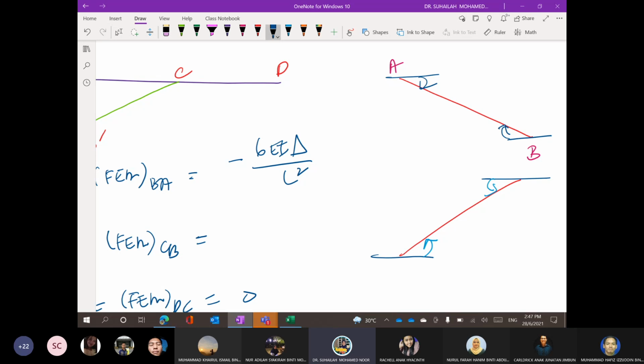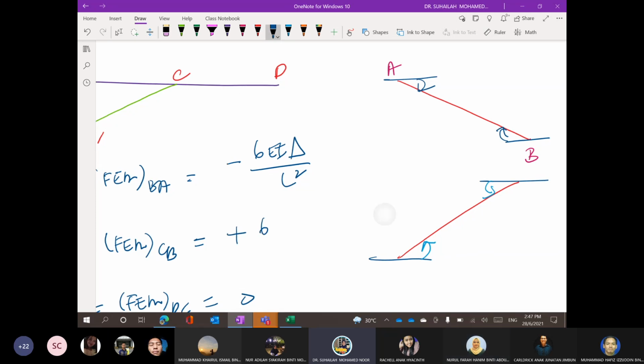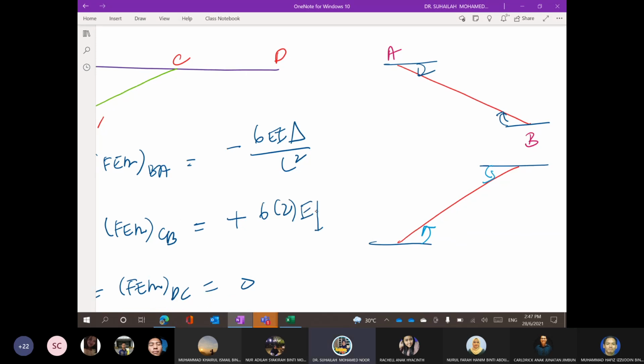When angle is negative, FEM is positive. So put positive here. 6 times 2 EI delta over L. This is BC, or CB, the same.